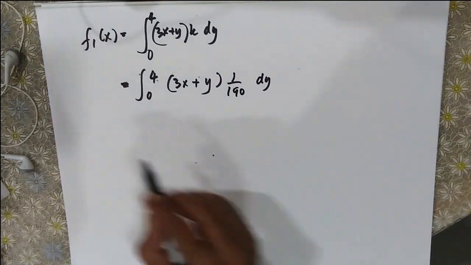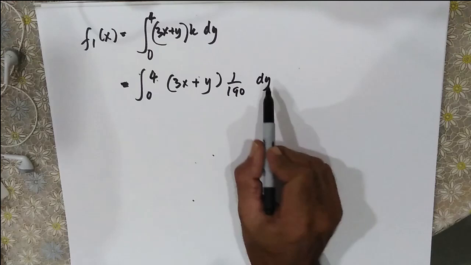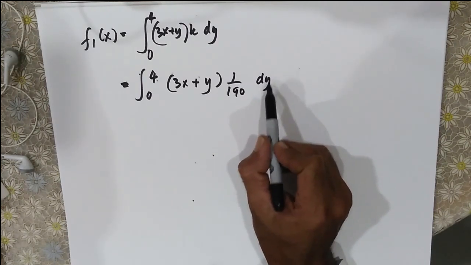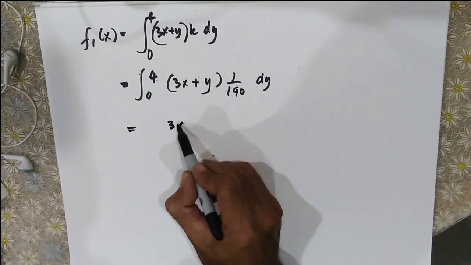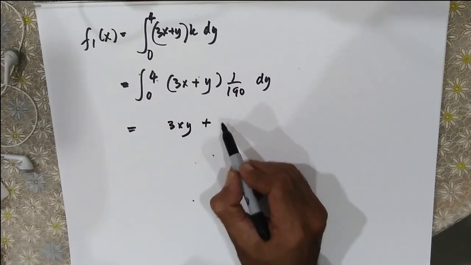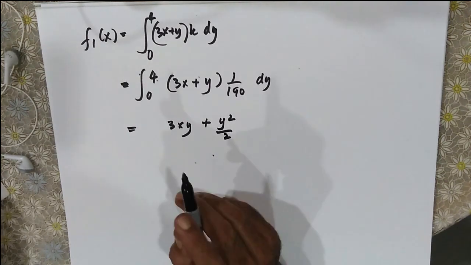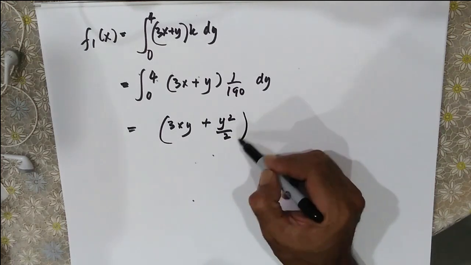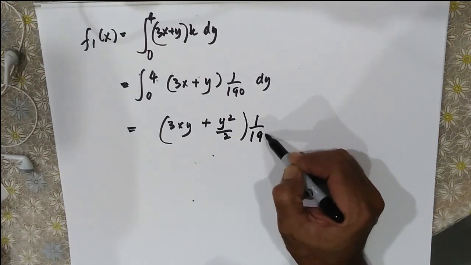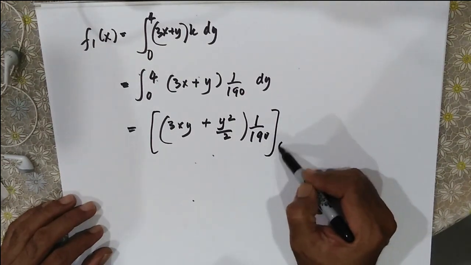So if you integrate here, you integrate with respect to y. Remember, if I have dy here, we need to integrate with respect to y. Here we'll have 3xy plus y raised to 2 over 2, then multiplied by 1 over 190. So you substitute for 0 to 4.